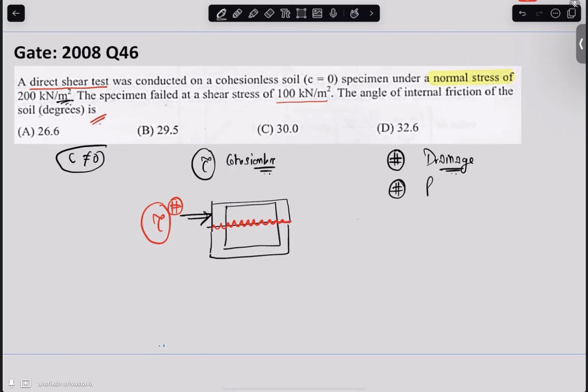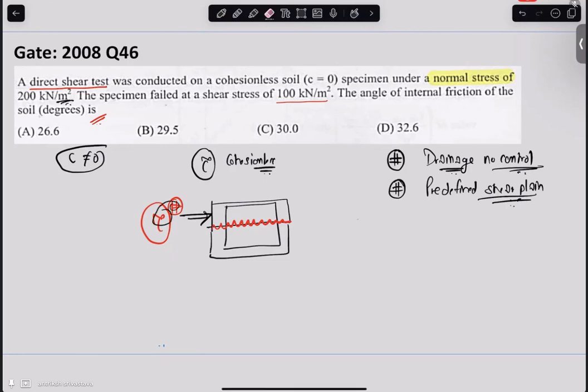This is because of no drainage control and predefined shear. So these are some of the limitations that exist in the direct shear test.